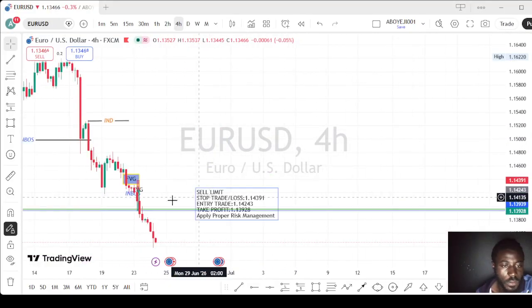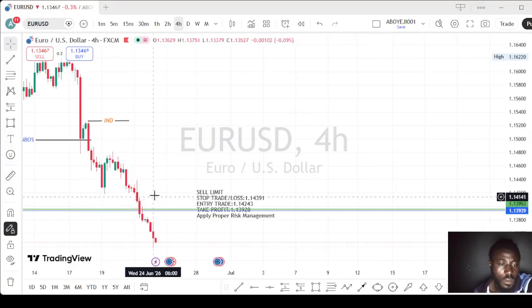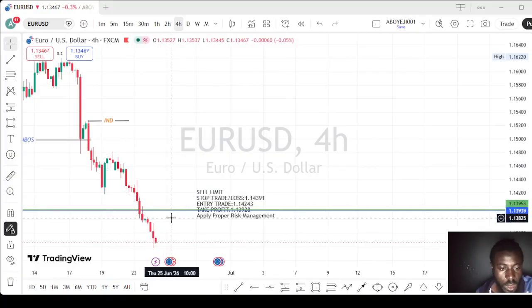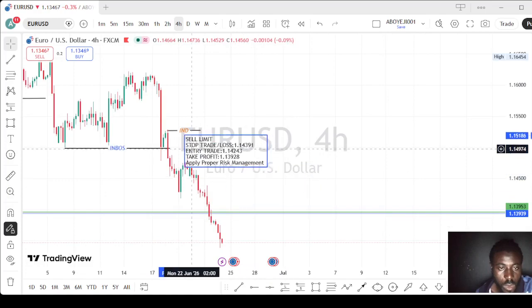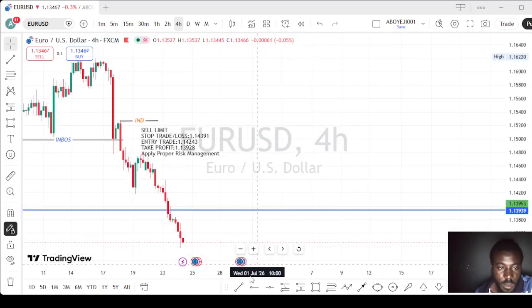With the 4 hour time frame, this is what we are having. There's no opportunity yet on the 4 hour time frame. So let's just see what the market is trying to do. The market is giving off downtrend.